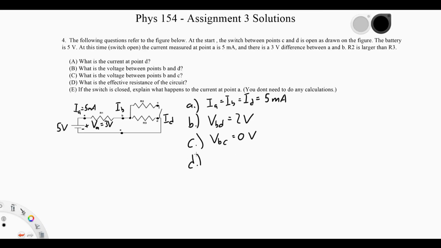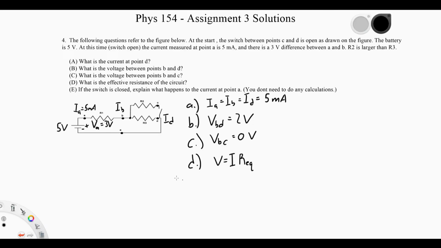Okay, so moving on to part D. What is the effective resistance of the circuit? So there are actually other ways to solve for effective resistance, or equivalent resistance, as we'll probably call it next week. But in this case, we could just look at the circuit as if it is just one potential, one current, and one resistor, called that equivalent or effective resistance.